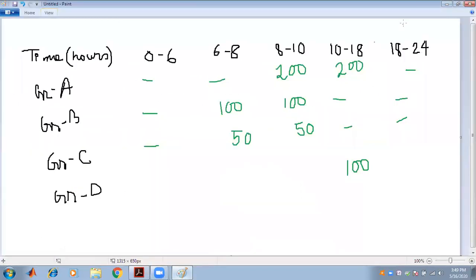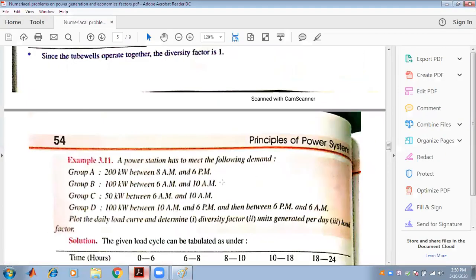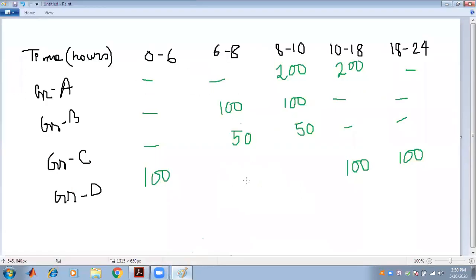Okay, means from 6 p.m. to 12 p.m., from 12 p.m. to 6 a.m. Because it is clearly given that between 6 p.m. and 6 a.m., means 6 p.m. to 12 p.m., from 12 p.m. to 6 a.m., and also between 10 a.m. to 6 p.m. This one.